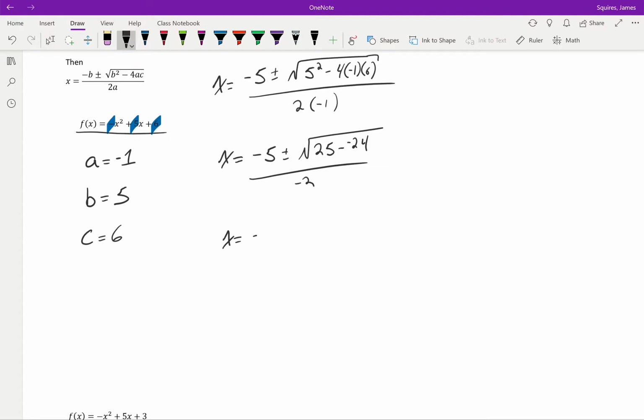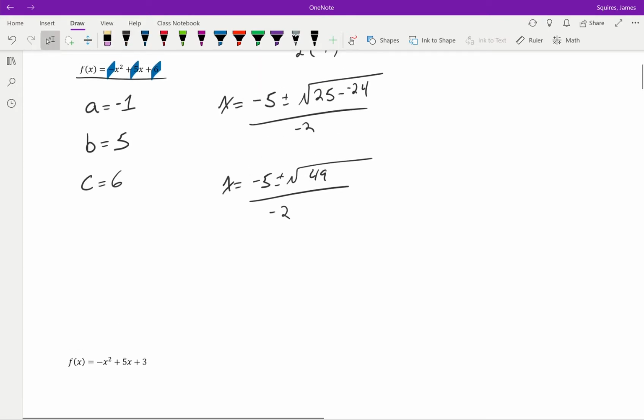So x equals minus 5 plus minus the square root of 25 minus negative 24, or 49, divided by minus 2. Here we're going to have x equals minus 5 plus minus 7 divided by minus 2. I keep saying plus minus.